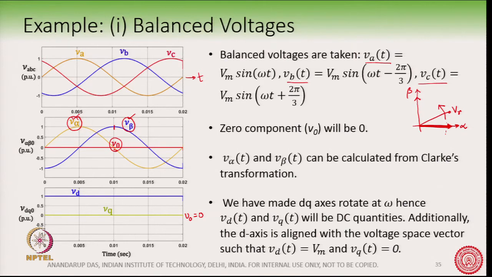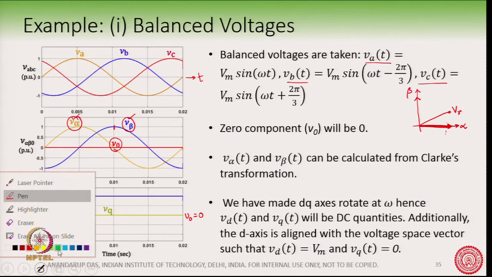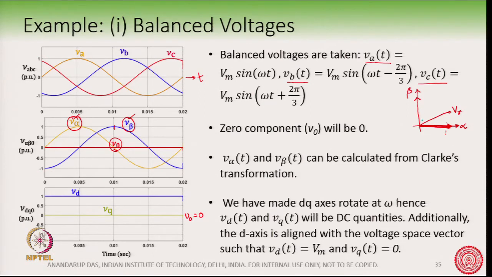Now, in this example, we have made the dq axis rotate at the same speed as the reference vector. So, if the reference vector is here, the dq is rotating.